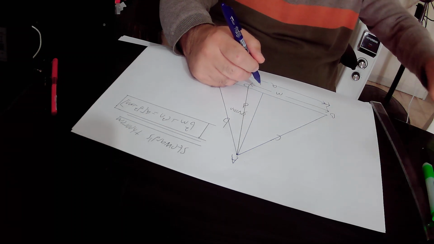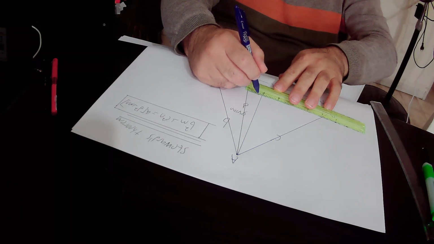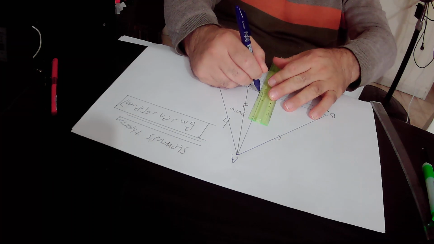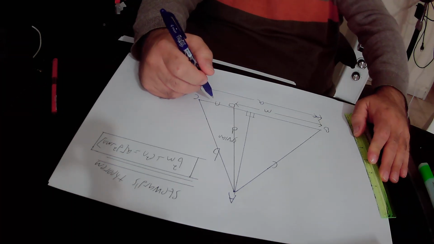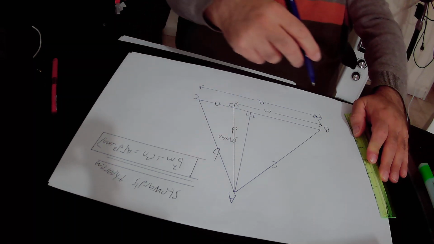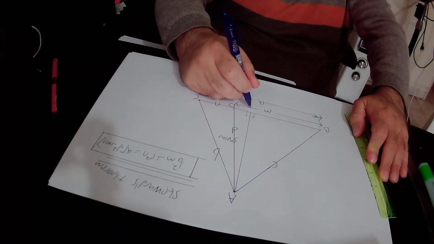So this angle equals 90 degrees and this angle equals 90 degrees according to our construction. We define the touching point of the perpendicular from point A and BC as E.